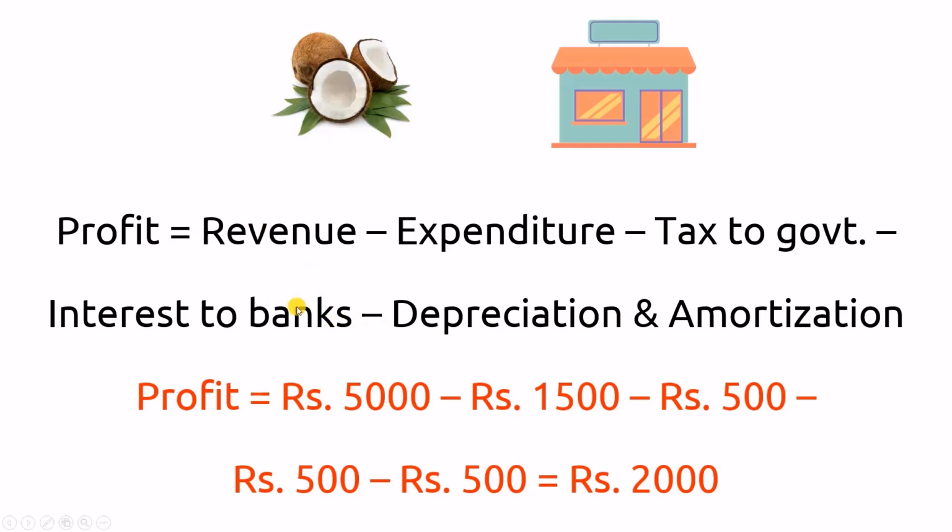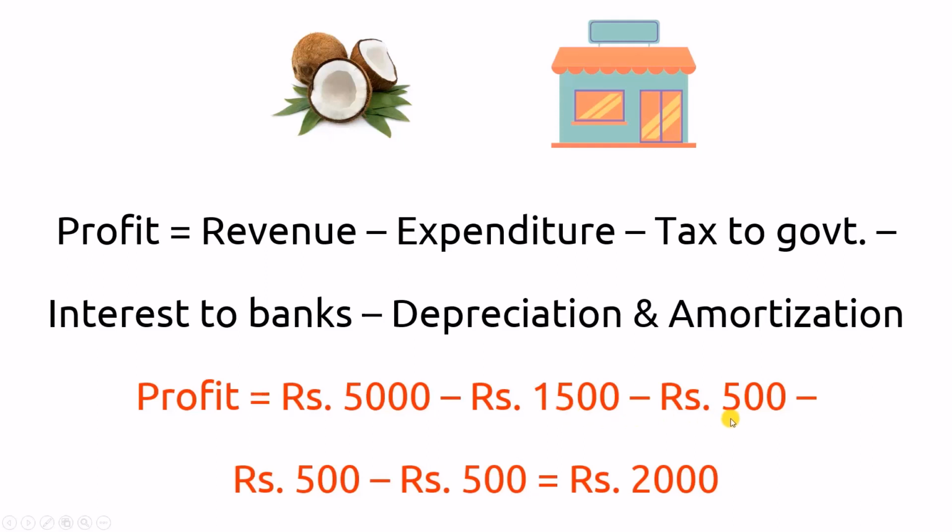For example, let us say revenue is 5,000 rupees. That is, this is the amount that you get when people buy your products, or let us say this is the amount that you have got in a year. Minus expenditure 1,500. So, it has cost you 1,500 rupees to produce oil in that particular year.